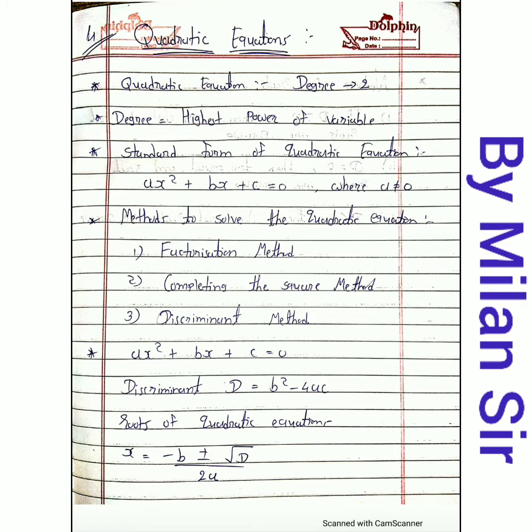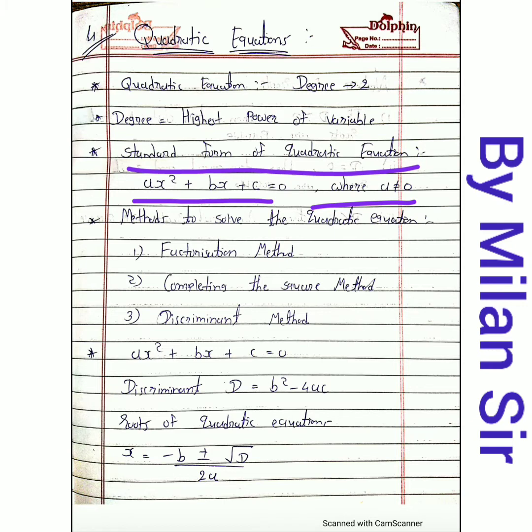Then the standard form of quadratic equation is ax square plus bx plus c is equal to 0, where a is not equal to 0.